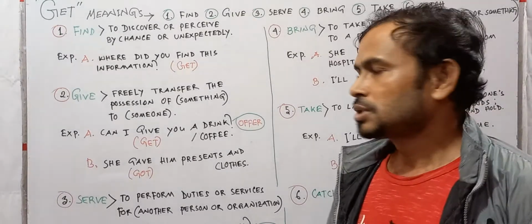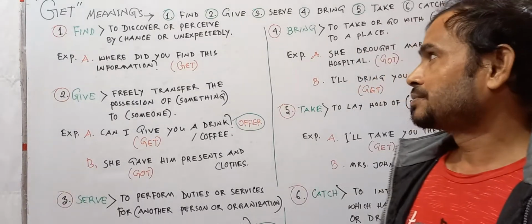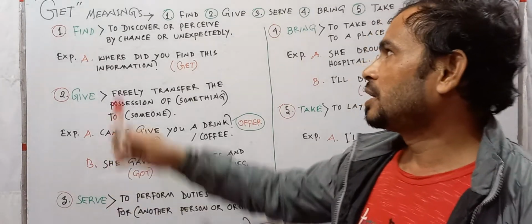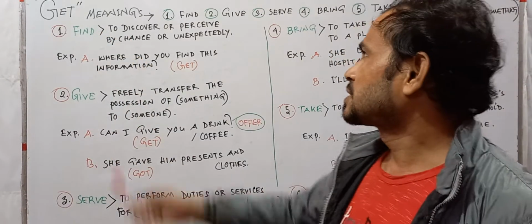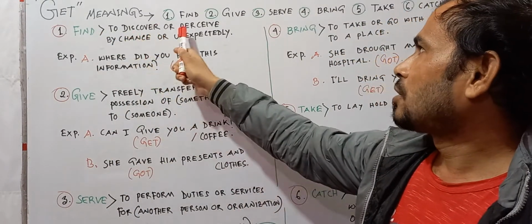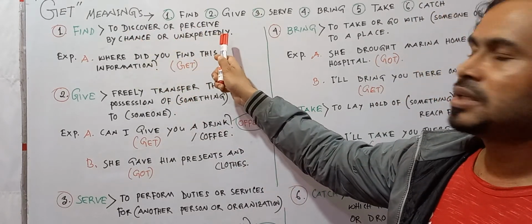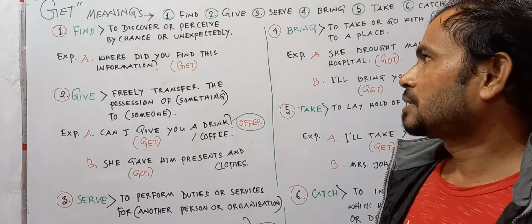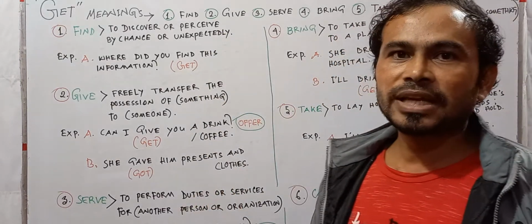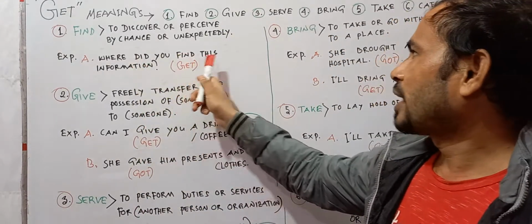So friends, let's start. My first verb is find. It means to discover or perceive by chance or unexpectedly. So my first example is, where did you find this information?